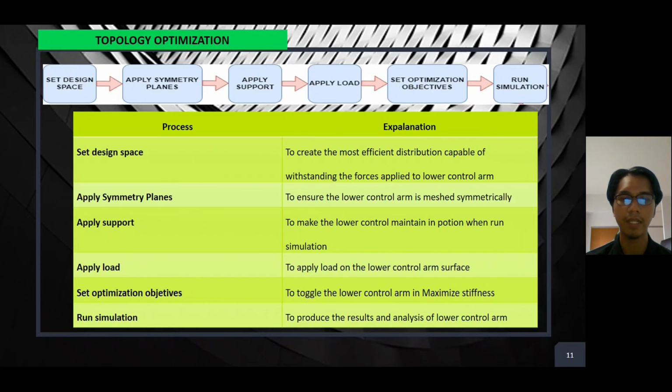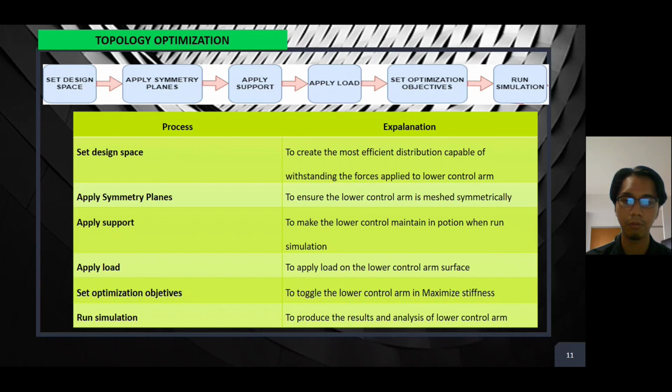So after the analysis of the products is done, it puts the new material into the topology optimization to see the design space on the lower control arm.